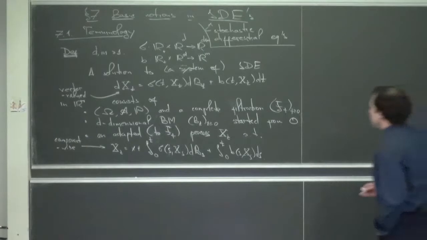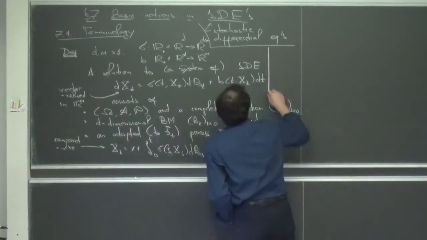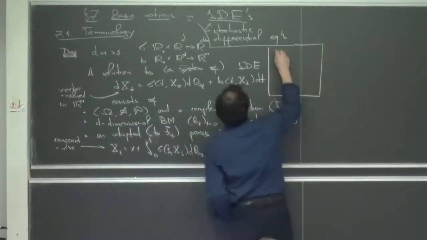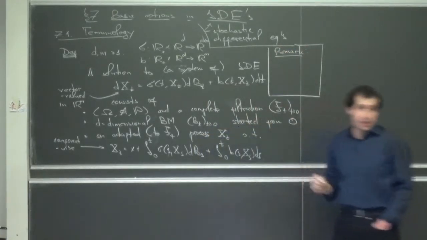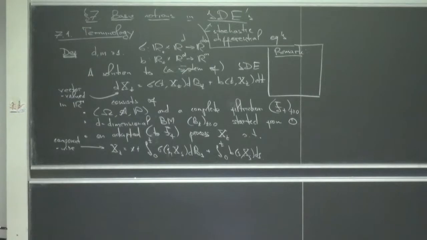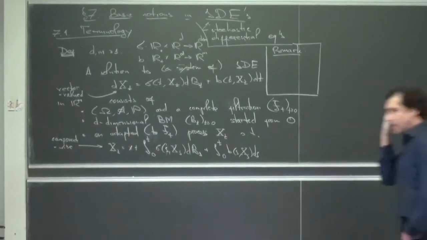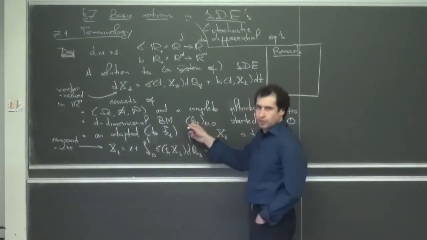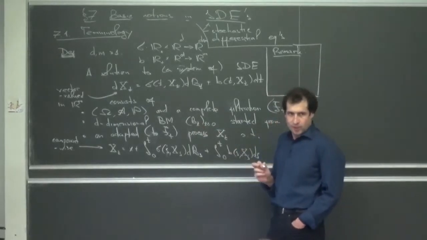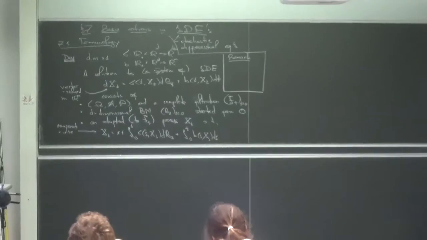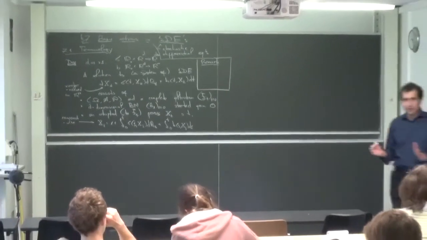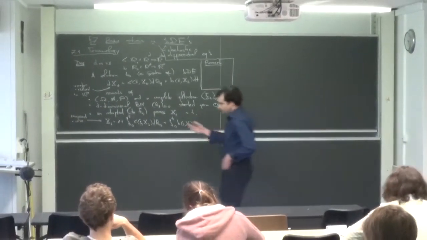So an important remark is that we do not fix either the probability space or the realization of the Brownian motion. So we saw in last lectures and in exercises that there are several Brownian motions defined on this, adapted to the same filtration, right?